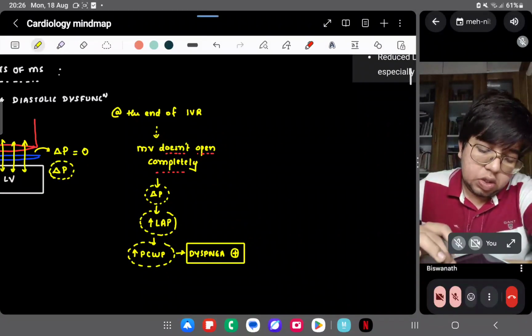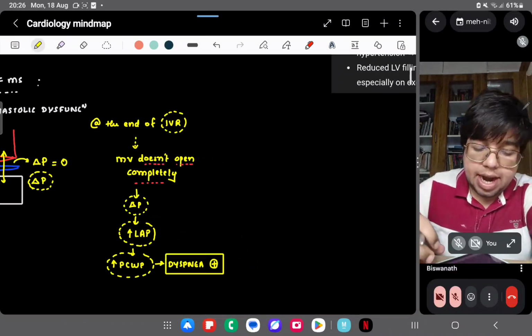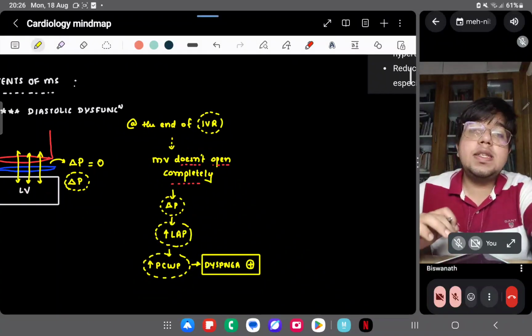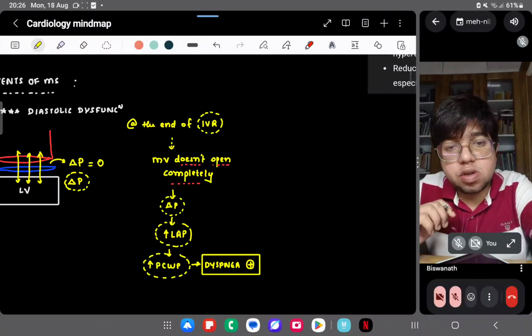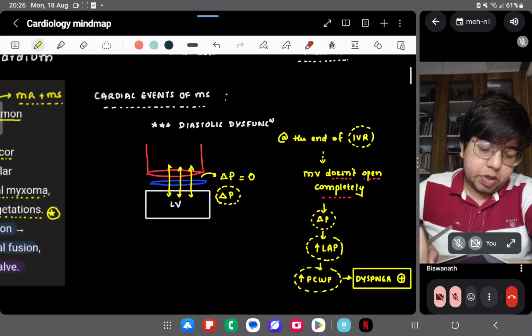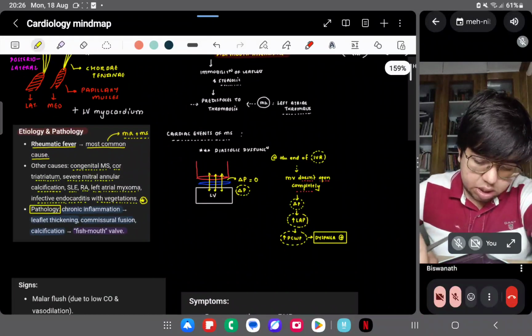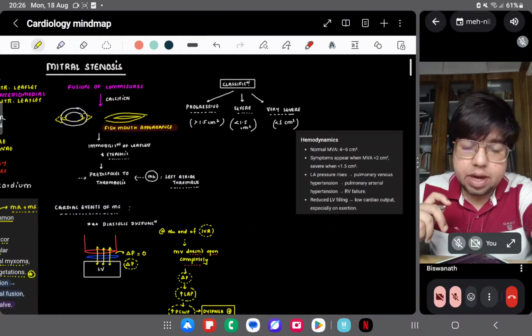So we have the conditions which are occurring at the end of this isovolumetric relaxation. I told you that this is our classification: progressive, severe and very severe.